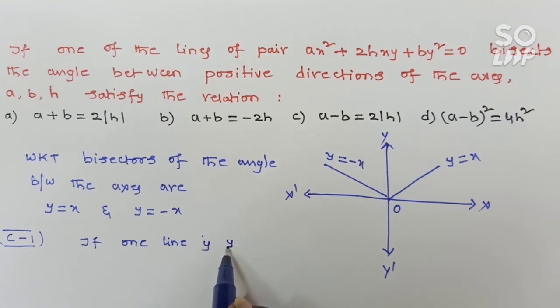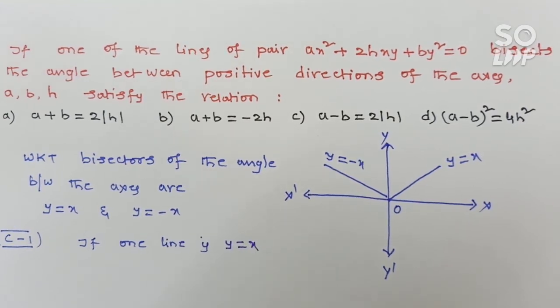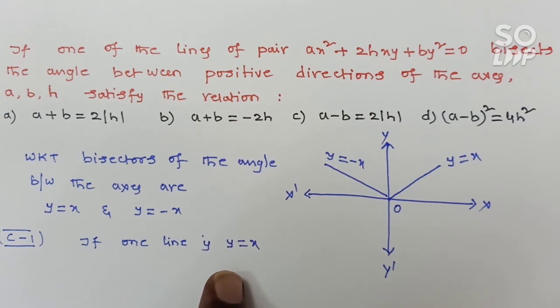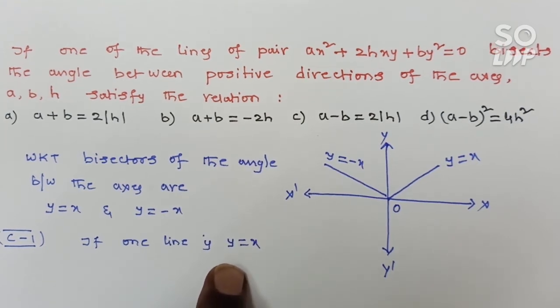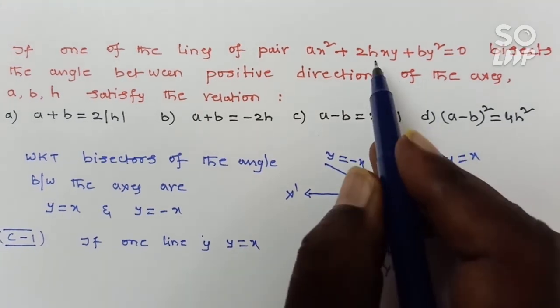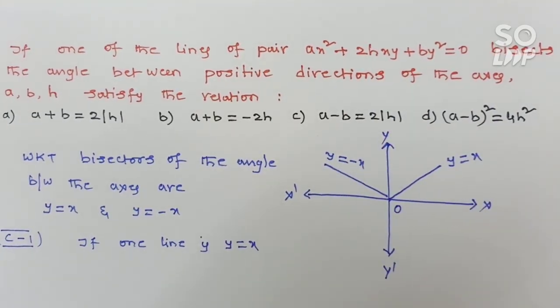y is equal to x. What is the meaning of one line being y is equal to x? This is a factor of the given homogeneous equation.